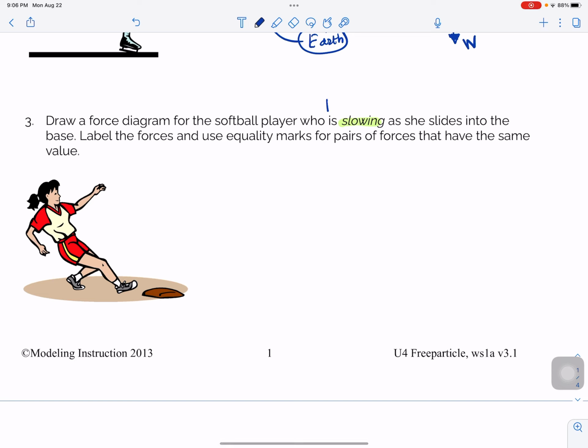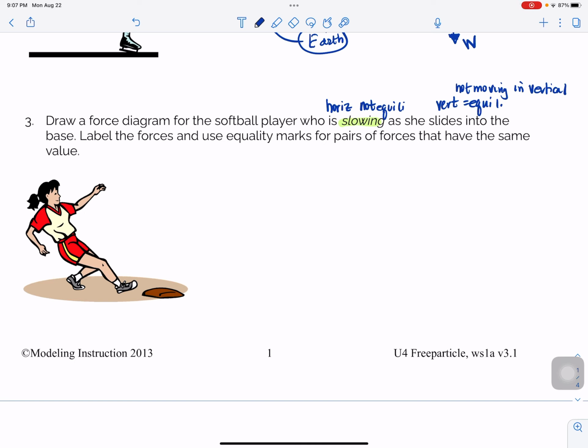So we would say the horizontal direction is not equilibrium, but in the vertical direction, we would say that she's in equilibrium because she's not moving in the vertical direction. She's sliding horizontally. She's not moving up off the ground or down into the ground.